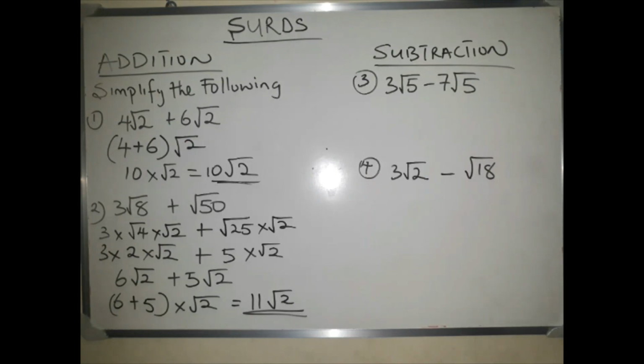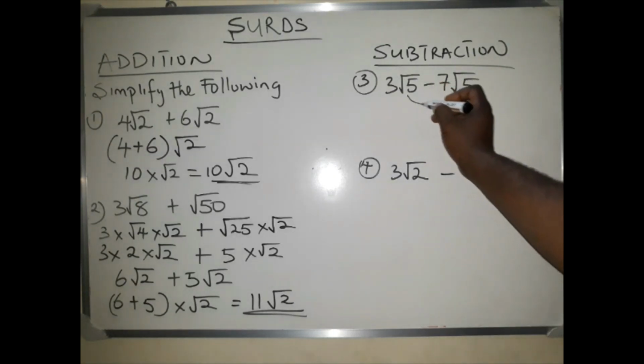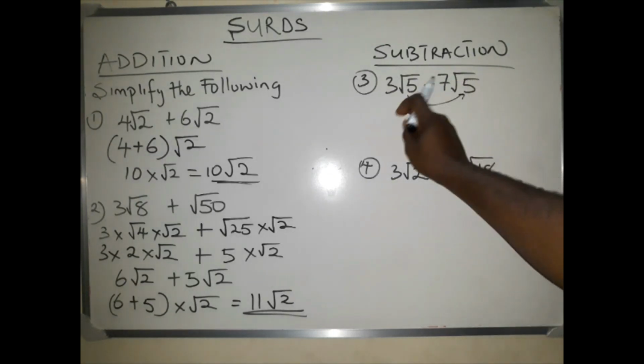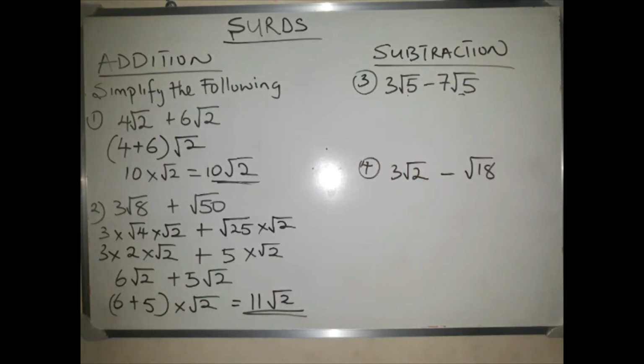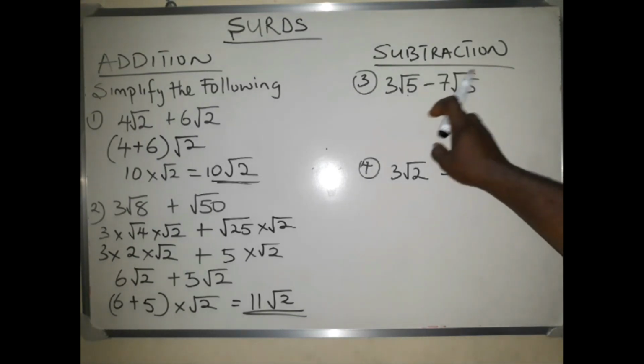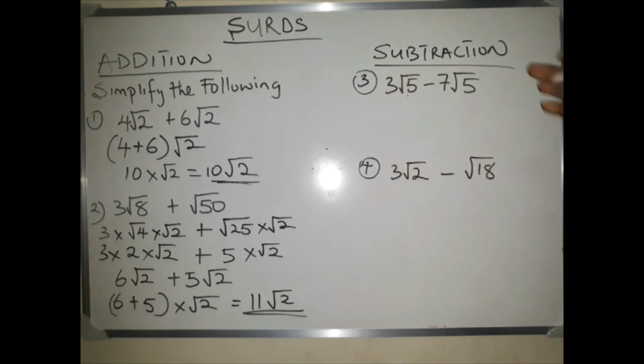So let's go to the next one, which is subtraction of surds. We have 3 root 5 minus 7 root 5. And you can see that root 5 exists in both of the surds, which means they are like surds. So in this case, you go ahead and subtract the whole numbers.